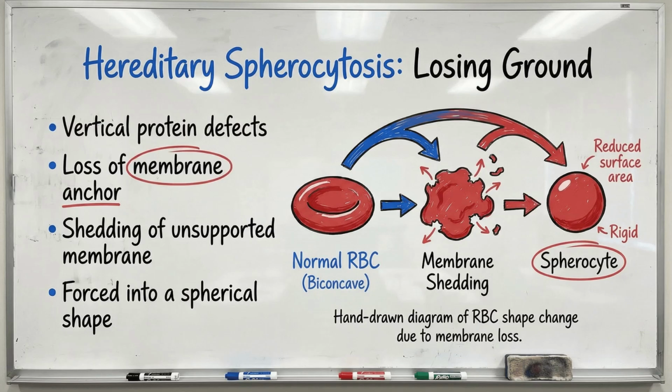Imagine a tent with weak guy ropes. It can't hold its shape. As the cell loses surface area but keeps its volume, it's forced into the most compact shape possible, a sphere. This loss of the biconcave disc shape has huge implications for the cell's function and survival, setting it up for premature destruction. Now, how do we actually spot these little troublemakers on a smear?